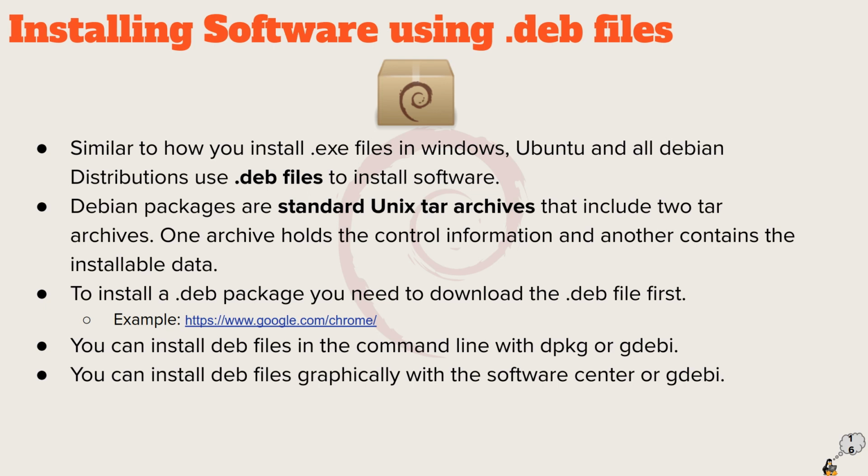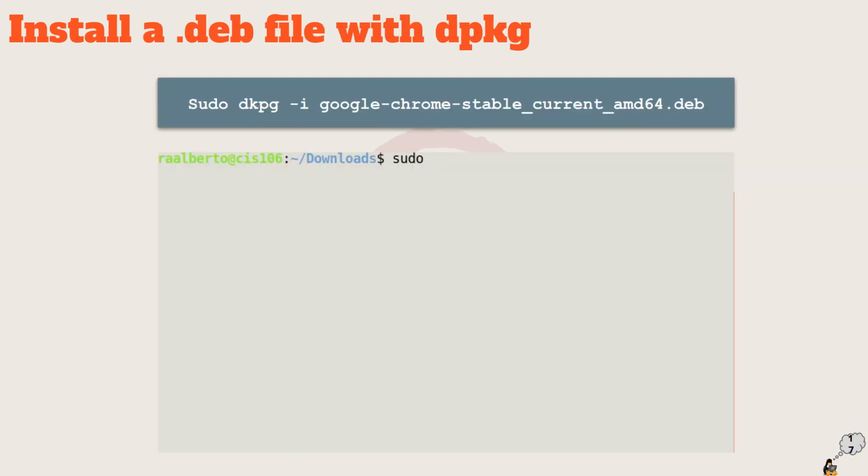To install a deb package, you need to download the file first. For instance, you can play around installing Google Chrome, although you can install Google Chrome from the command line or from what is called a snap package, which you're going to look at later. But for the sake of an example, let's go online and download the deb file for Ubuntu, for Chrome, right? You can use dpkg, you can use gdebi, or you can use apt to install the package, whichever of the tools you prefer. Let's take a look at an example of how we can install using dpkg.